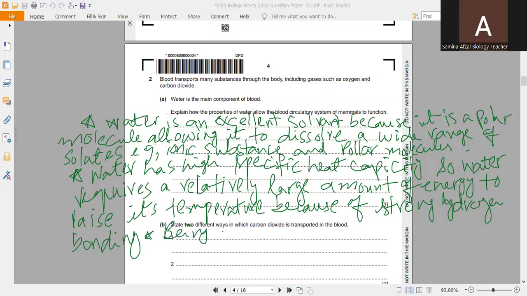Being a liquid, it has fluidity and low viscosity at body temperature.